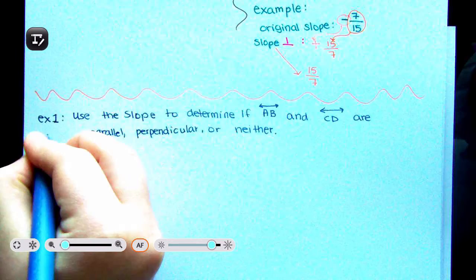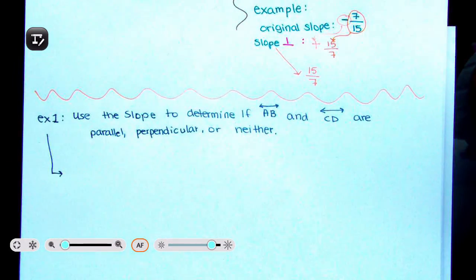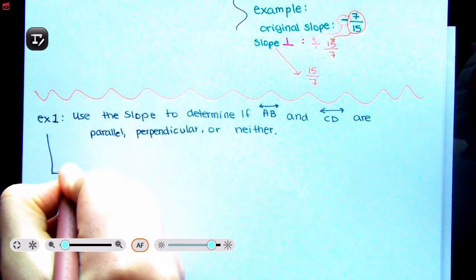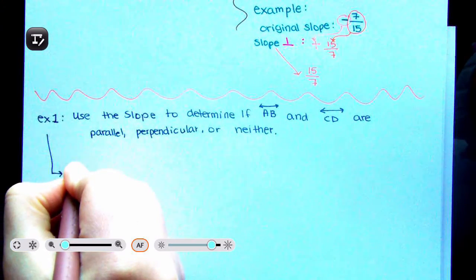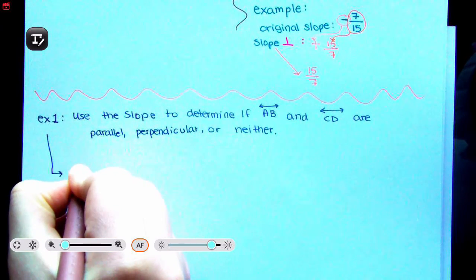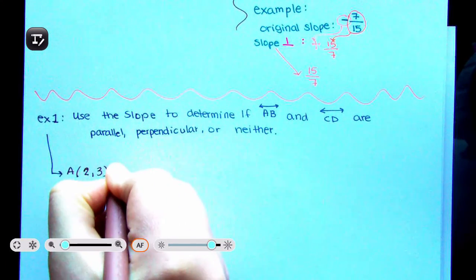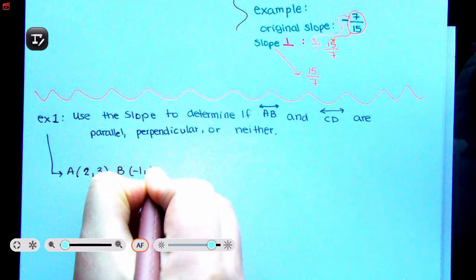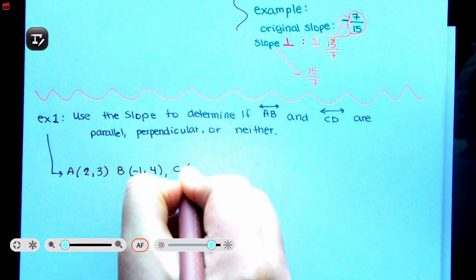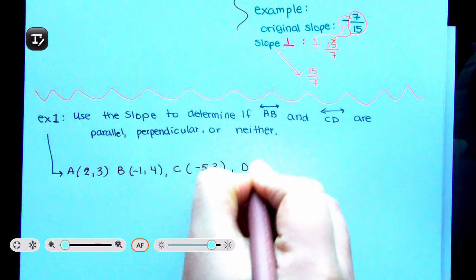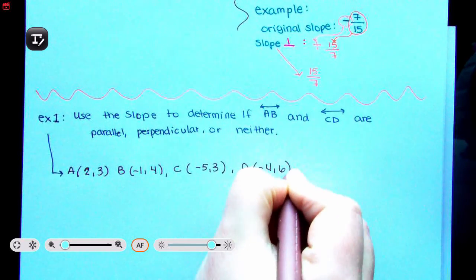Given to us are points. So I have 2, 3, -1, 4, -5, 3, and -4, 6.